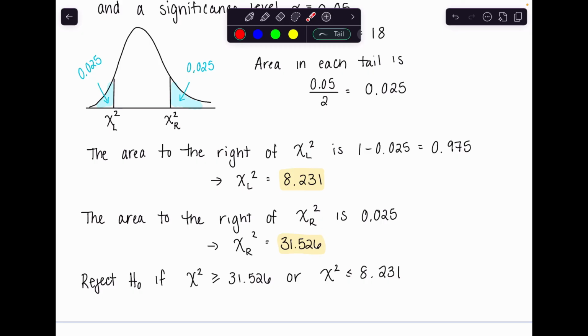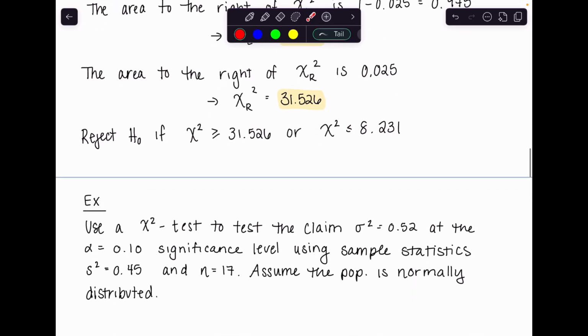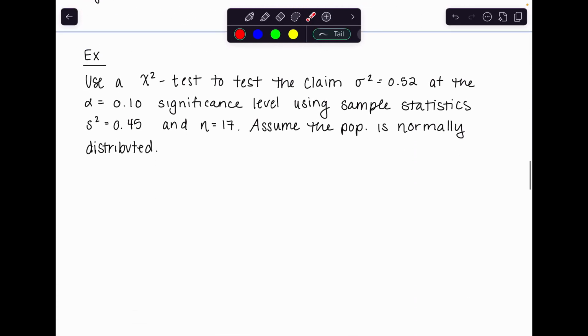Okay. So we're going to just do 2 examples of this. We're going to do a 2-tailed test, and then we're going to do a 1-tailed test, and we're going to go through hypothesis testing and see, do we support or do we reject the claim, or do we fail to reject it? So starting off, this one doesn't have an exact application.